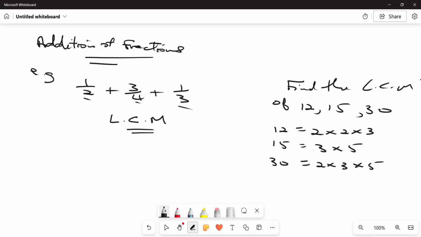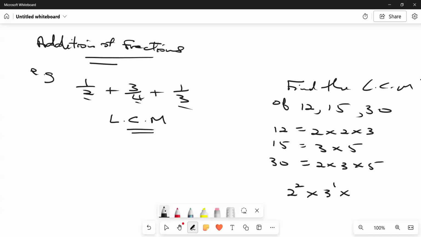So what's the highest power of 2? Because there are three factors we see in play here: 2, 3, and 5, right? So the highest power of 2 is 2 squared, multiplied by 3. Well, the highest power of 3 is just 3 to the 1 power.